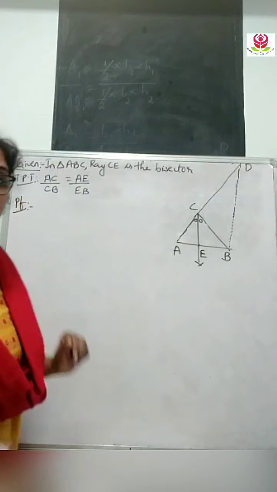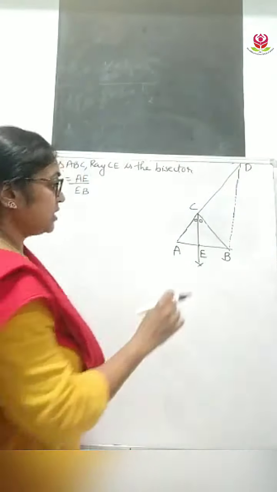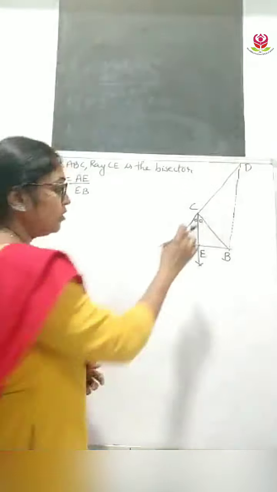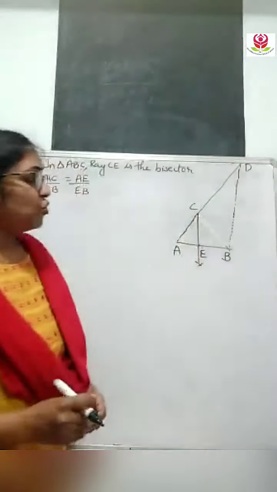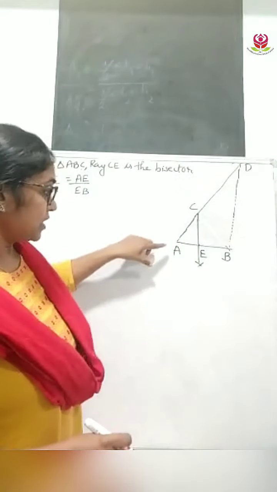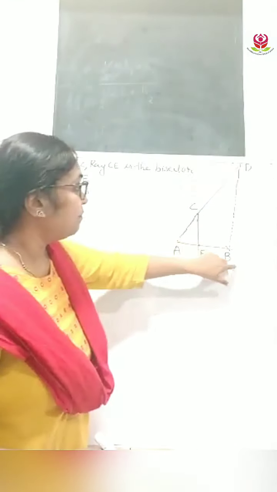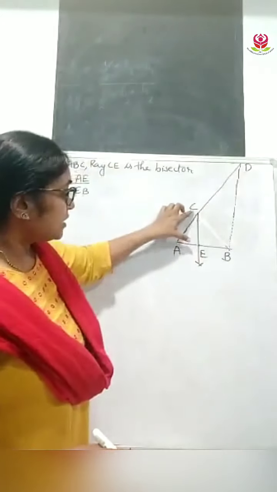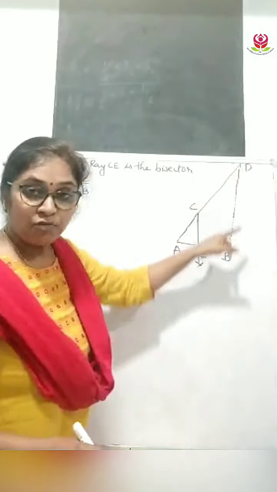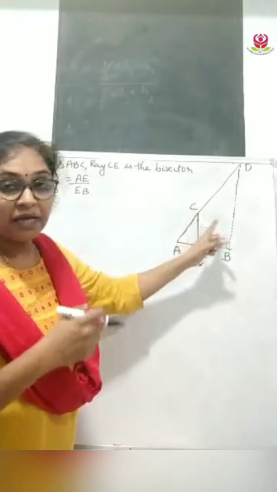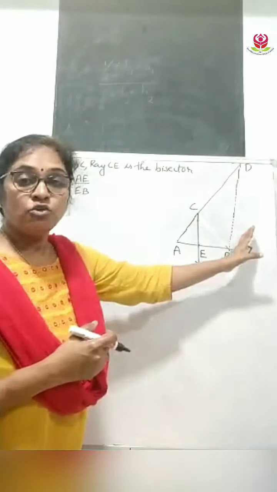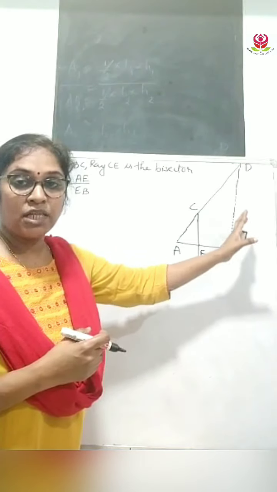Now if you observe the figure carefully, you can see that you have got a parallel line. So let us observe ignoring this line. Now if you look at the triangle, you have a triangle ABD where CE is parallel to one of the sides. Since CE is parallel to one side of a triangle, you can use your basic proportionality theorem.